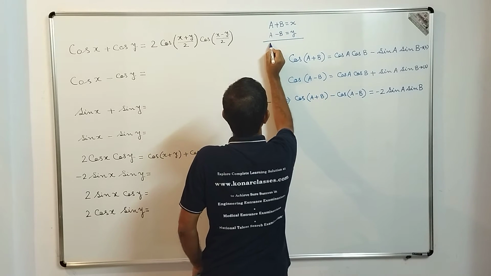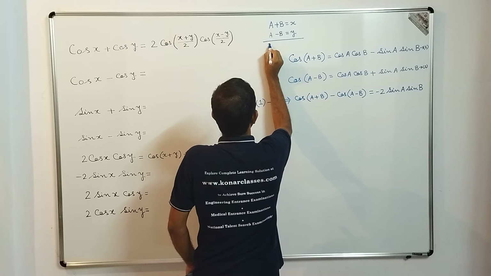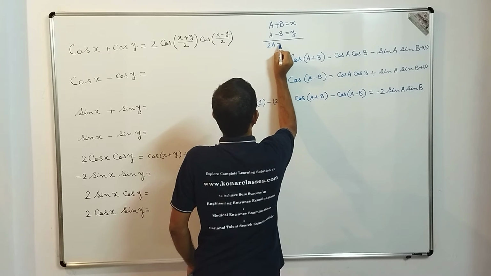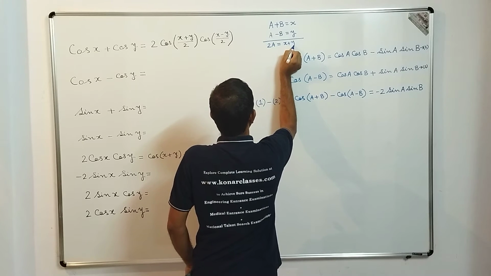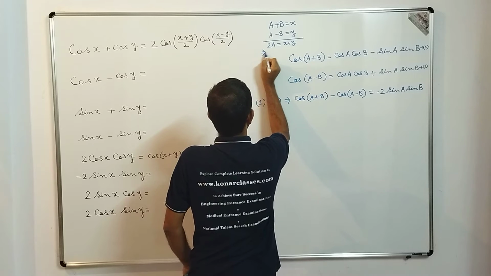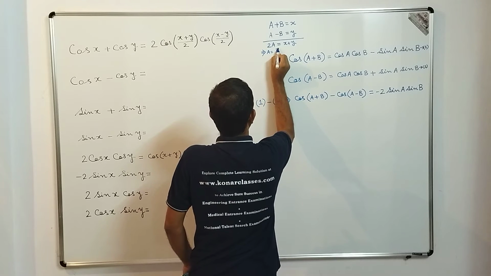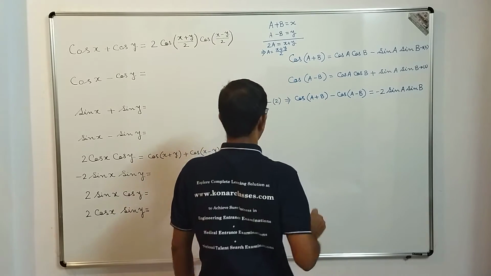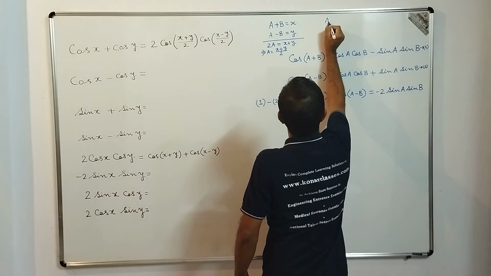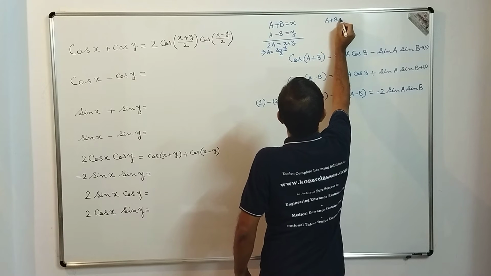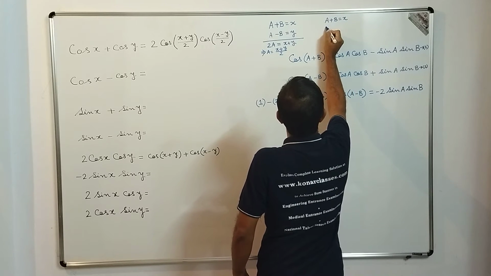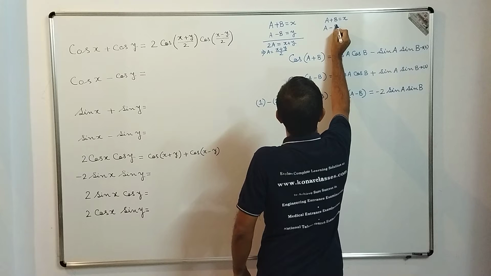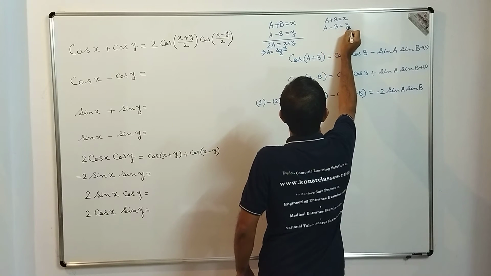Now if we add both sides, we get 2a is equal to x plus y. This means a is equal to (x plus y)/2.